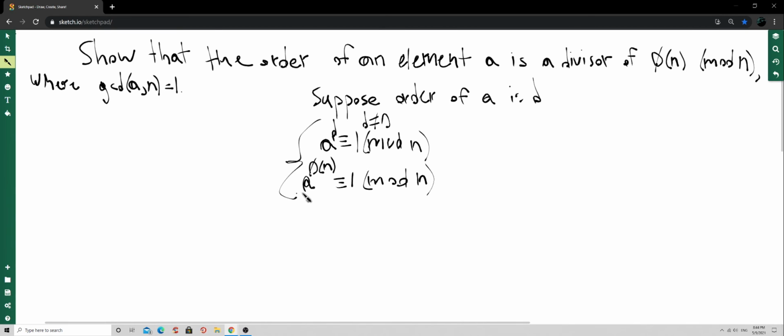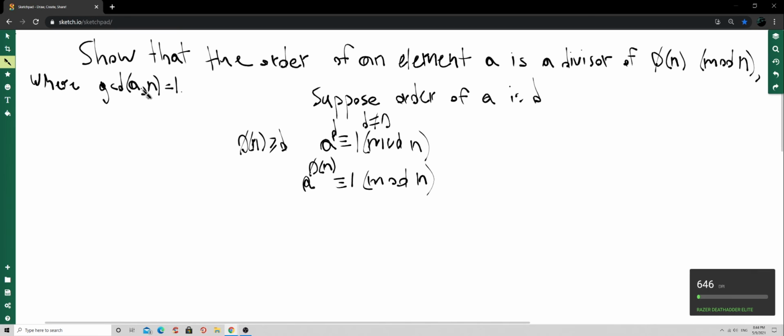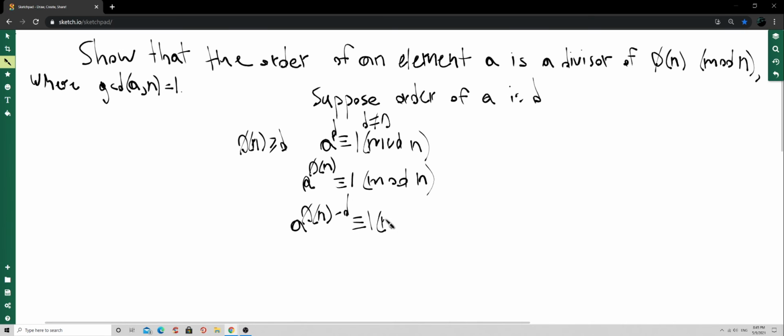Now, if we set these two congruences equal to each other, and since phi of n is greater than or equal to d, since d is the order of a mod n, and since a to the d must have an inverse, since it is also going to be coprime with n, then we can take an inverse of a to the d on both sides, and we'll arrive at the fact that a to the phi of n minus d is congruent to 1 mod n.